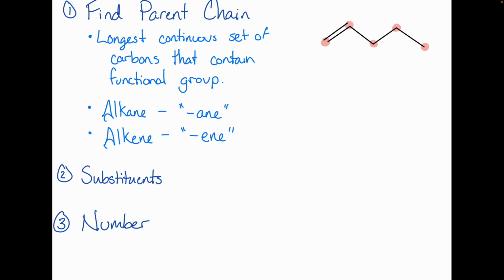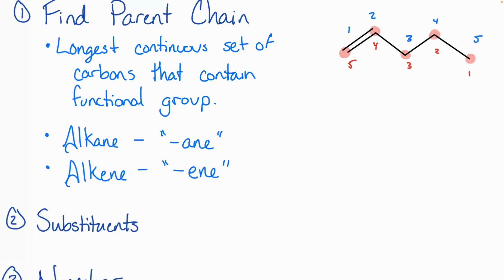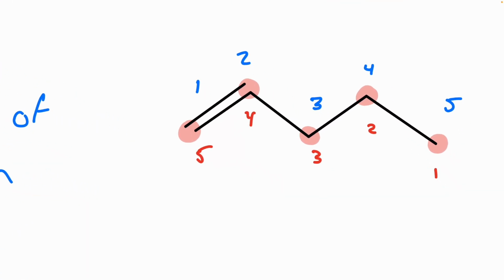So just like how we had to specify the location of our substituents, you also have to specify the location of your functional group. So number 1, 2, 3, 4, 5, or I can go the other way, 1, 2, 3, 4, 5. Which one of these is going to be the correct numbering scheme, red or blue? Blue.